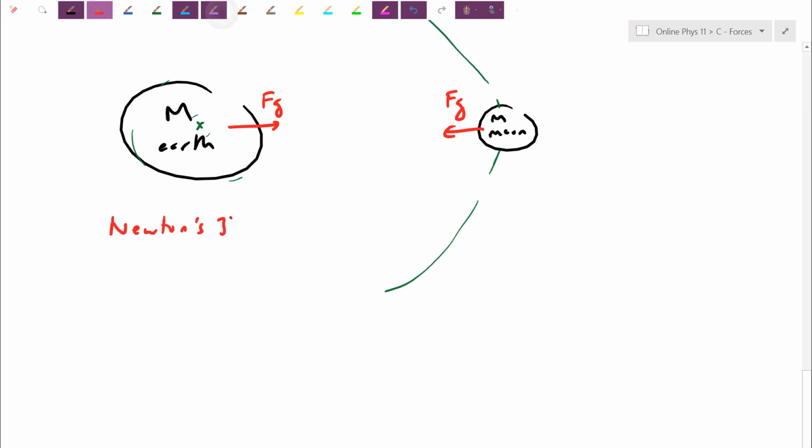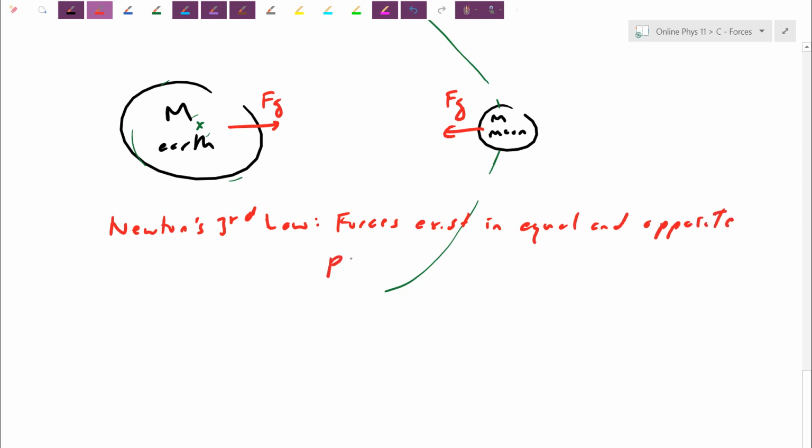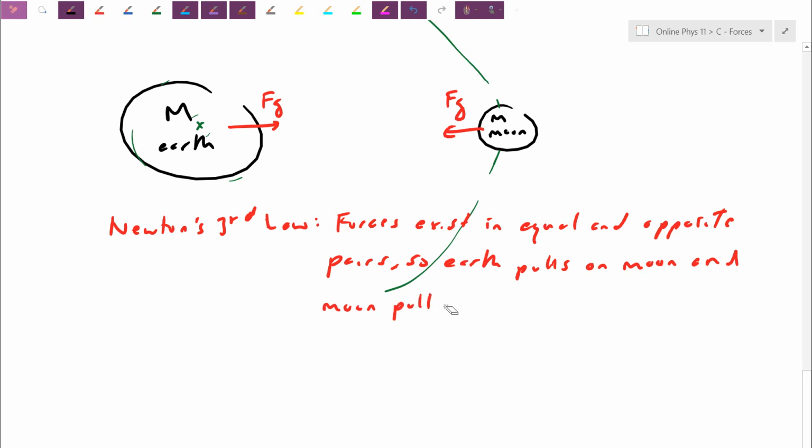Newton's third law says forces exist in equal and opposite pairs. So, in our picture, the Earth pulls on the moon, and the moon pulls on the Earth.